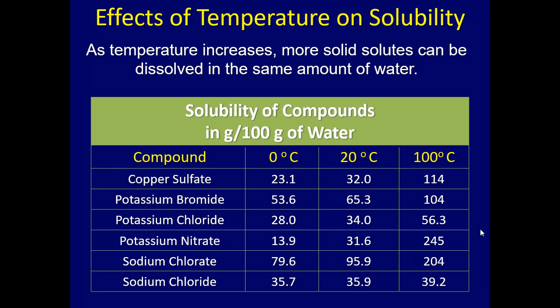At 0 degrees Celsius, 23.1 grams can be dissolved. If we increase the temperature to 20 degrees Celsius, then 32 grams can be dissolved. And if we increase the temperature more to 100 degrees Celsius, then 114 grams can be dissolved. So for solid solutes, when you increase the temperature of the solvent, more of the solute can be dissolved.